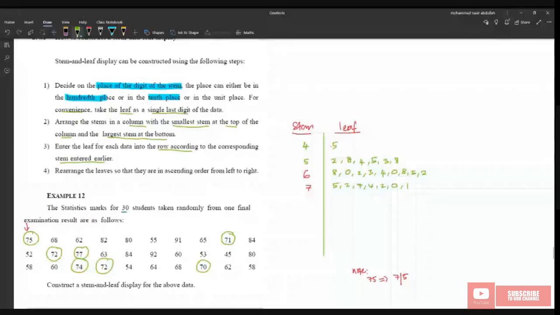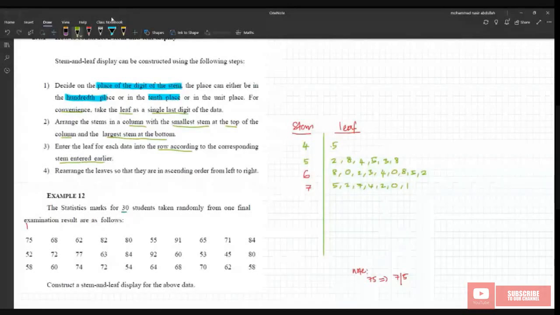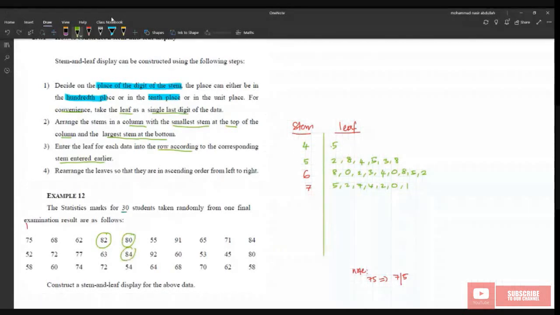And then we move to the 80 something. So 80, start with 82, 80, 84, and then 84, 80, right? So we have 8, 2, 0, 4, 4, 0. And the last one is 9.